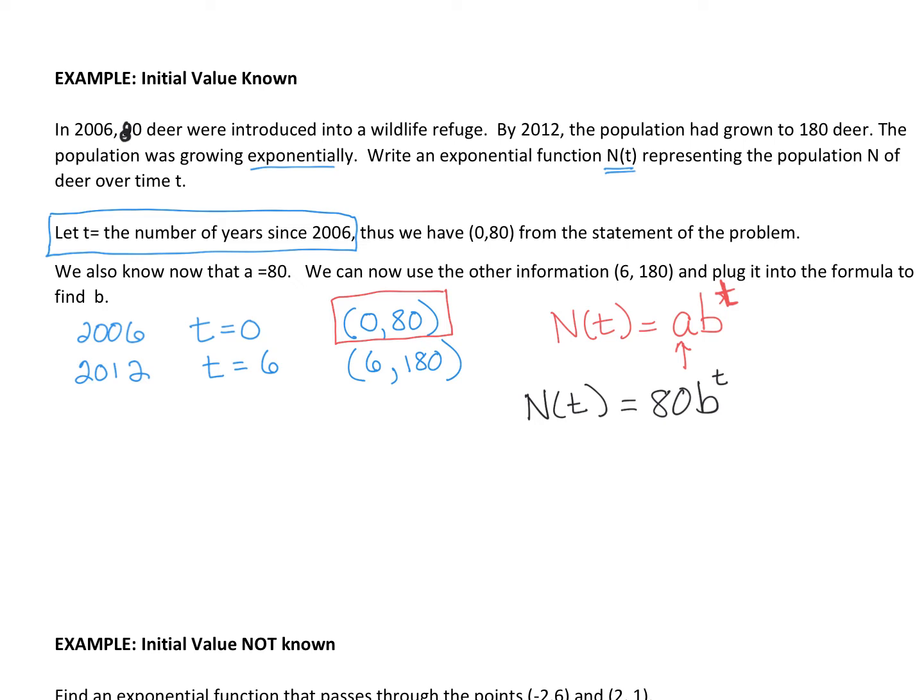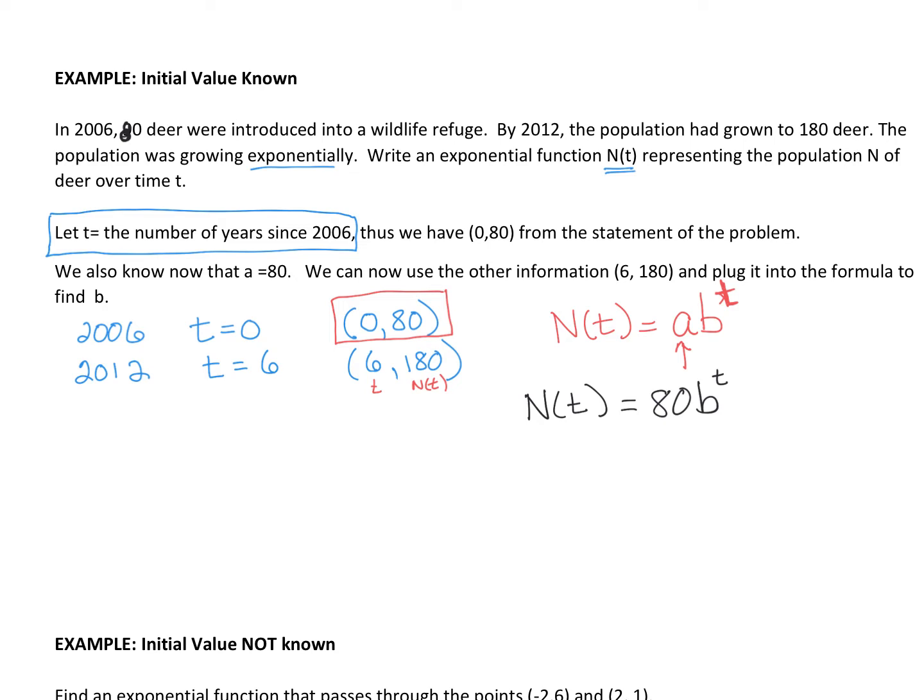Now I have my second ordered pair, (6, 180). Keep in mind that's an x, y, or in this case, a t, N of t. So let's call this a t, and then a number at time t. We can plug those values in.